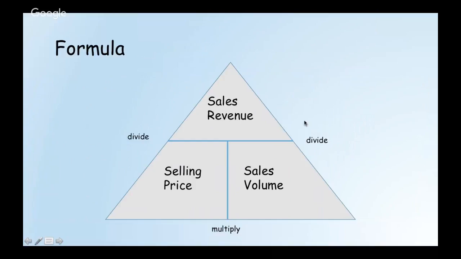Equally, if we wanted to calculate the sales volume, again, we cover this up with our hands, and we do sales revenue divided by selling price, and that gives us the sales volume. Remembering these formula triangles will be a useful way of remembering how to calculate 3 different types of items.